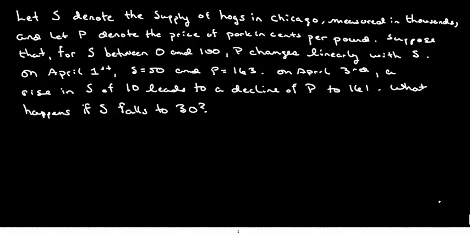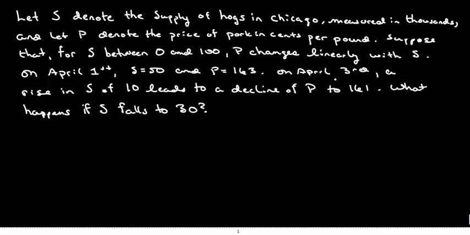Okay, for example number 2, it says let S denote the supply of hogs in Chicago, measured in thousands, and let P denote the price of pork in cents per pound. Suppose that for S between 0 and 100, so for the supply of hogs between 0 and 100,000, the price changes linearly or proportionally with S. On April 1st, the supply is 50, so we're looking at 50,000, and the price is 163 cents per pound.